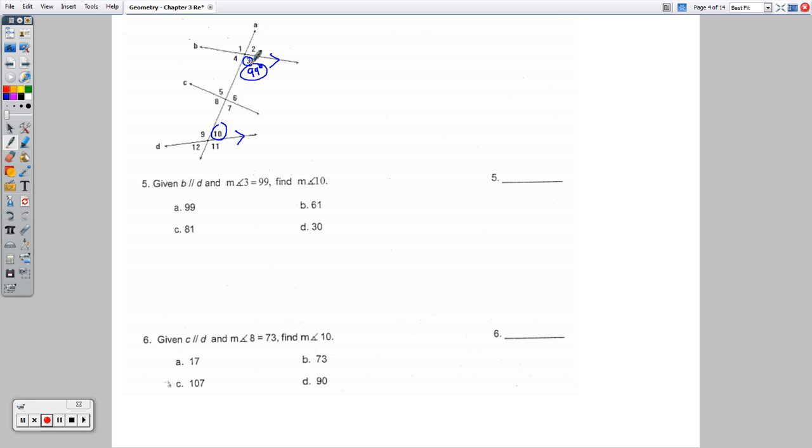Those would be consecutive interior angles. These two are supposed to add to 180. So that means that the measure of angle 10 would have to be 180 minus 99, and that would be 81. So 81, that's choice C for number 5.